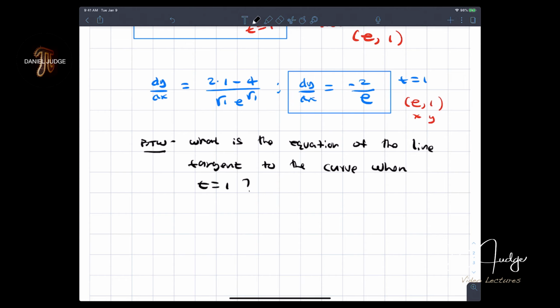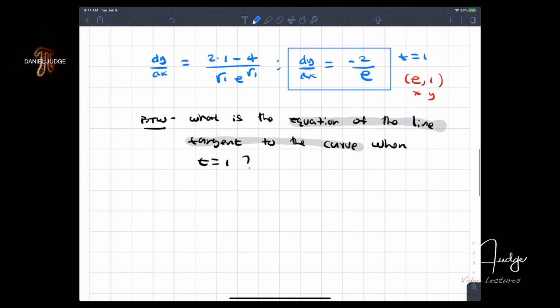In other words, now that you found a derivative, how do you find the very famous things like the equation of a line tangent to the curve, right? This is calculus 1 business. If you guys remember, the equation of the line tangent to the curve is also an algebra question.